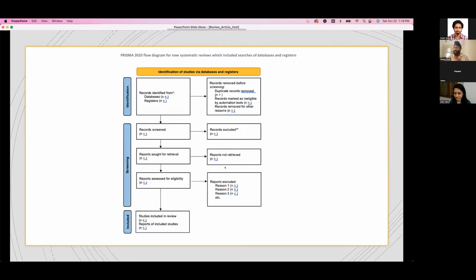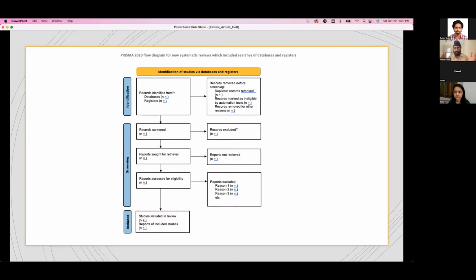You will see these flowcharts in many of the papers. They basically describe how you should structure your literature review: how many databases you looked into, at least 3 databases. Medline, of course, PubMed is the most important one. You can't miss that. And then there are others, Embase, Scopus and Cochrane Central.